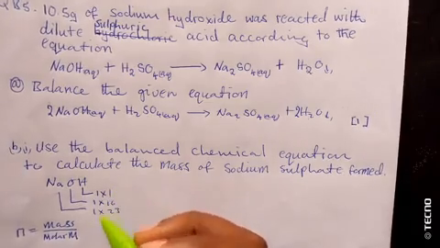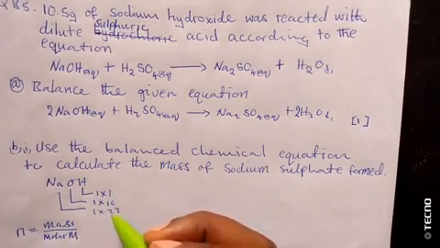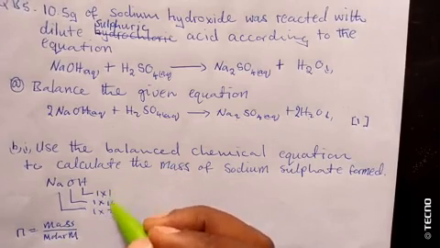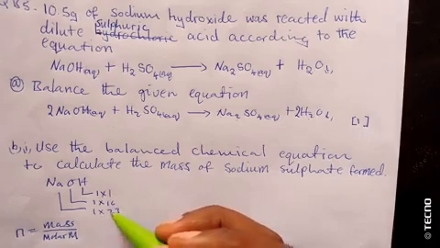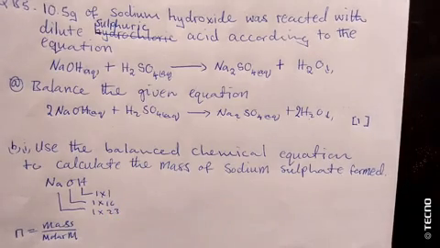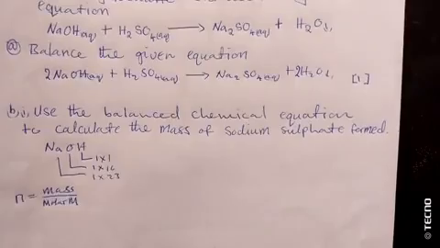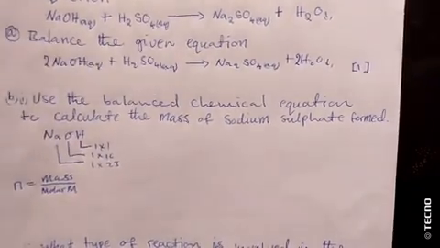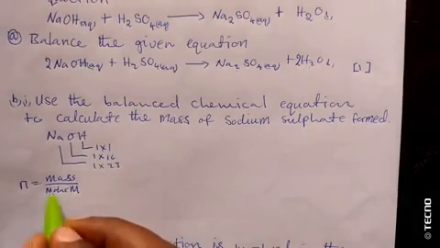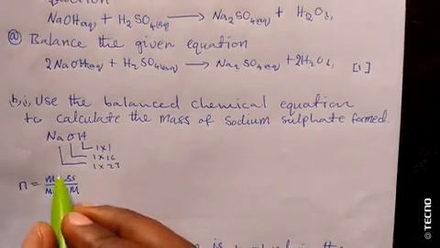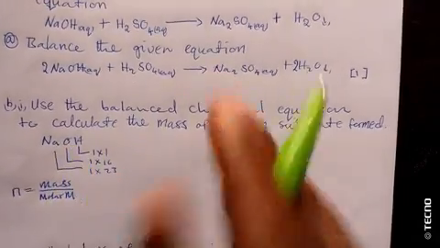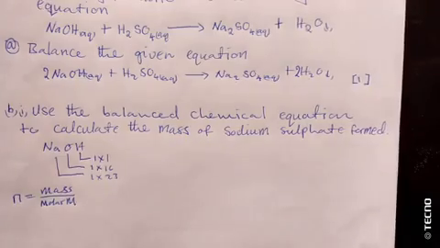So whatever you are going to do here, you multiply, then you add this, you get 40. So once you get 40, you just replace there. Where there is mass, you replace by the one that you have been given to be 10.5.